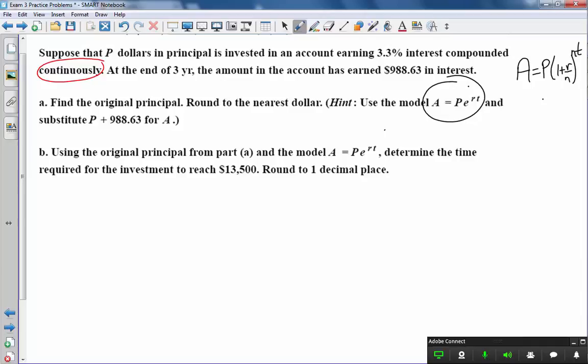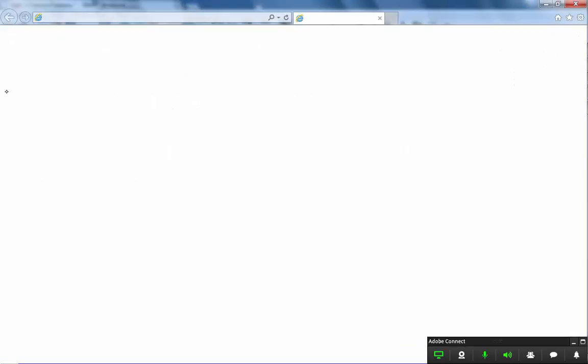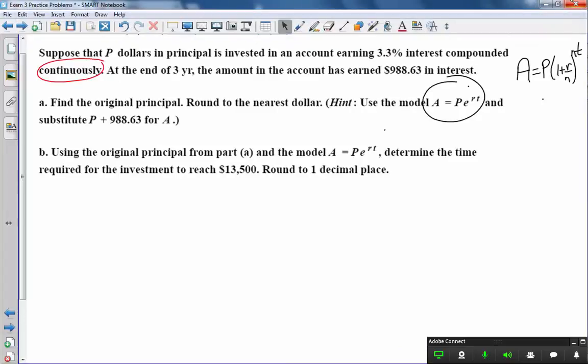So we are depositing P dollars. The initial amount is unknown, right? Do we know P? Is it given anywhere? No. So this is a question mark. And we do know a percentage, so what is this in the formula? 3.3% interest compounded continuously is r.